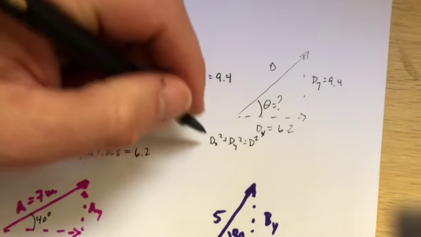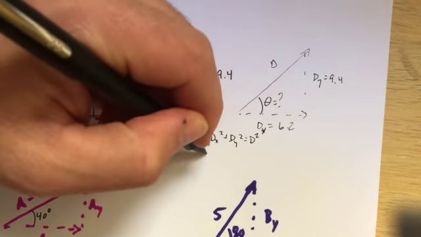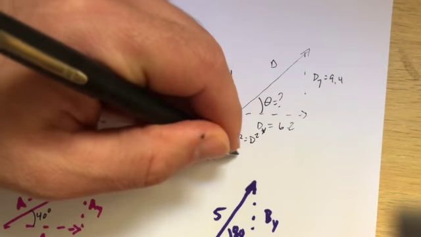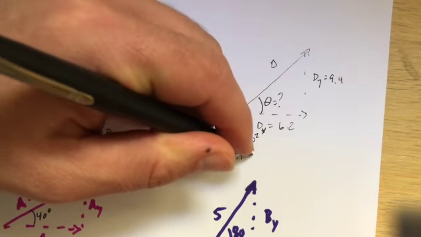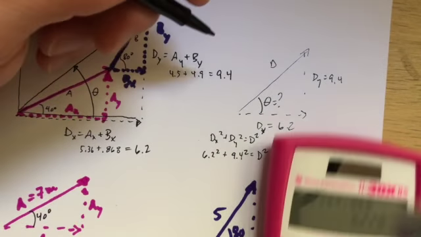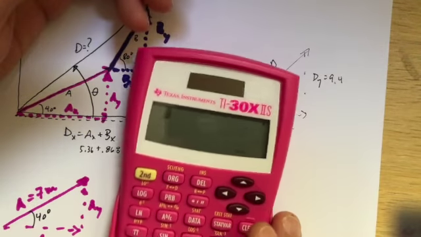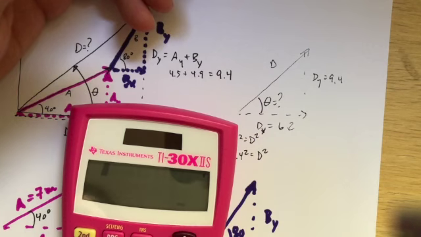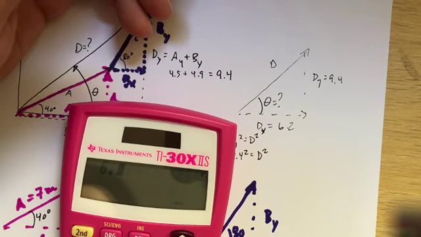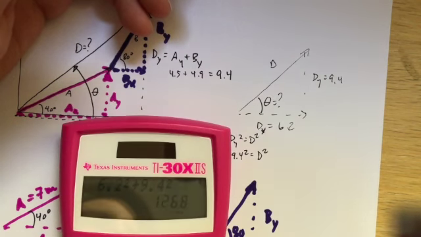So dx is 6.2 squared plus 9.4 squared equals d squared. All right, so 6.2 squared plus 9.4 squared equals 126.8.